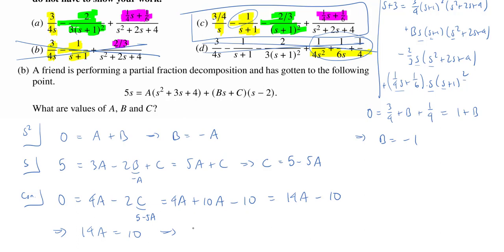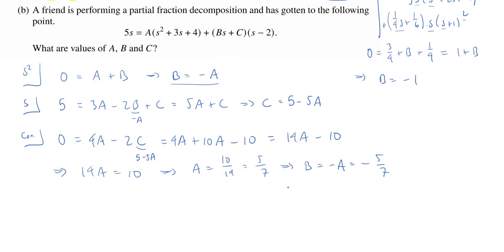And dividing by 14, we get A is equal to 10 over 14, or if we prefer, 5 over 7. And so now I know that my B, which is negative A, we had that up above, is going to equal negative 5 over 7. Also, my C, which is equal to 5 minus 5A, is going to be 5 minus 5 times 5 over 7.